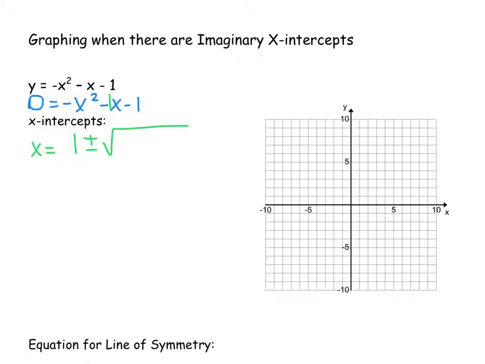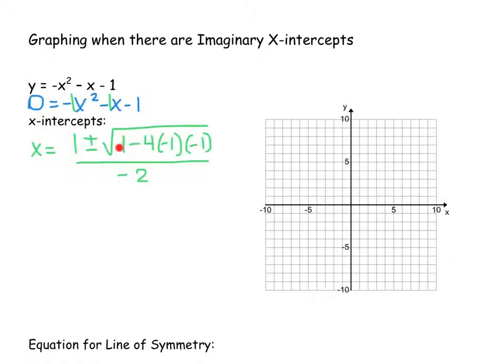So negative 1 times negative 1 will be positive 1, minus 4 times a, which again, there's a negative 1, times c, which is again a negative 1. There's a lot of 1s here. All divided by 2 times a, so negative 2.